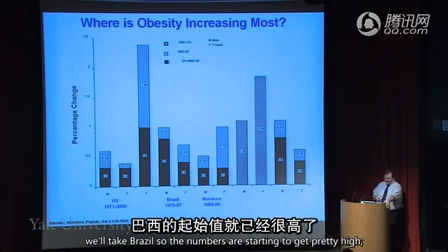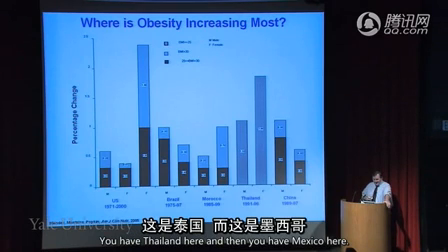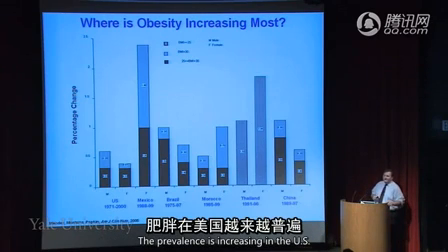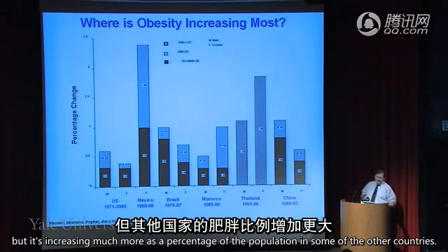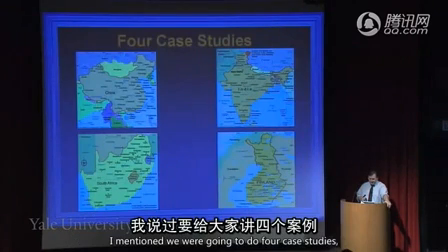We'll take Brazil, so the numbers are starting to get pretty high. China, now this is the increase in rates of obesity. You have Thailand here, and then you have Mexico here. So the prevalence is increasing in the U.S., but it's increasing much more as a percentage of the population in some of the other countries. So there are places in the world that face significant issues with this.